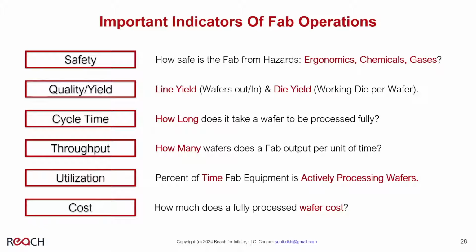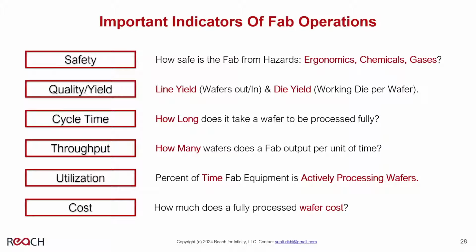The middle of the wafer may have great die, but as you go towards the outside of the wafer, it doesn't, because there is a non-uniformity of processing within the equipment. I'm just giving you those two as examples, but there is a whole science, and I'll talk about it in the next slide. Cycle time: how long does it take for a wafer to be processed fully?